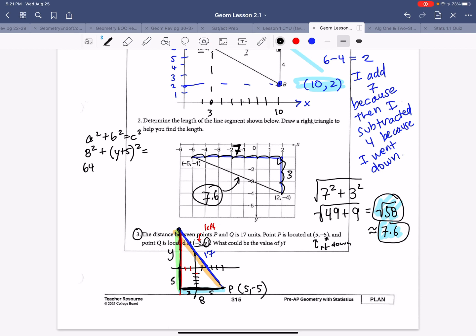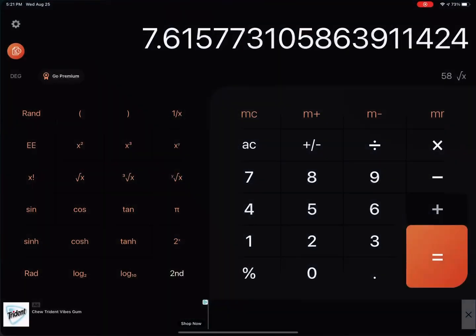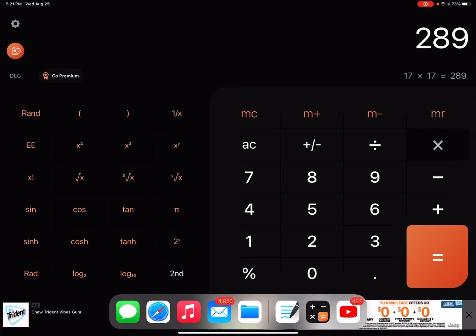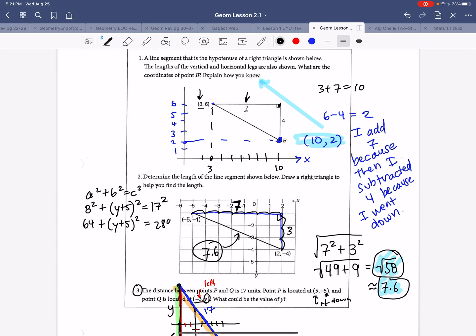And the other side is 17 squared. 17 times 17, 289. Okay, if I subtract 64 on both sides, I get y plus 5 squared is equal to 225.